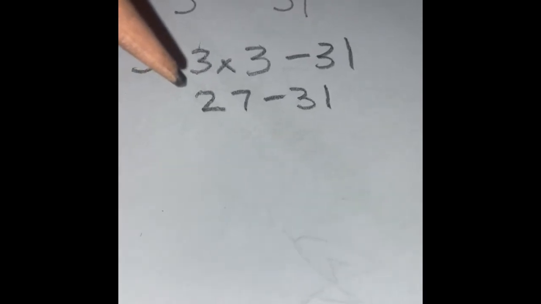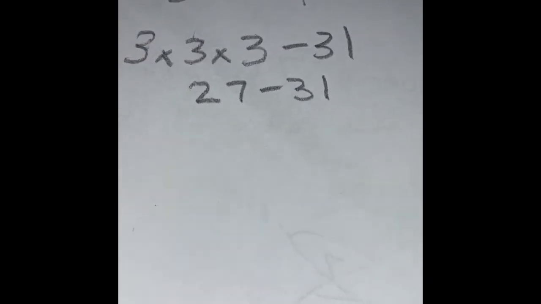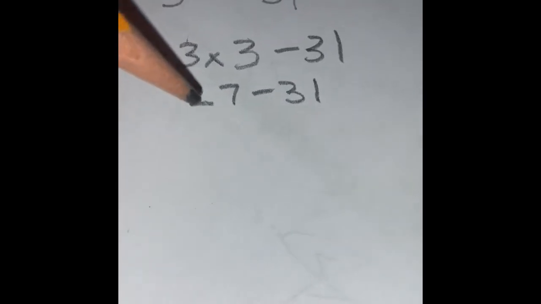Now, one thing with integers that I prefer the students doing is to turn this subtraction problem into an addition problem and then use the addition rules. So there's 3 steps to turning a subtraction problem into an addition problem. Step 1 is keep the first number the same.